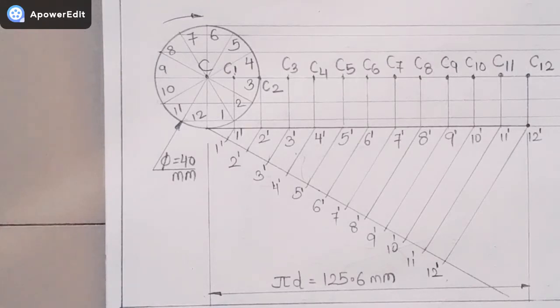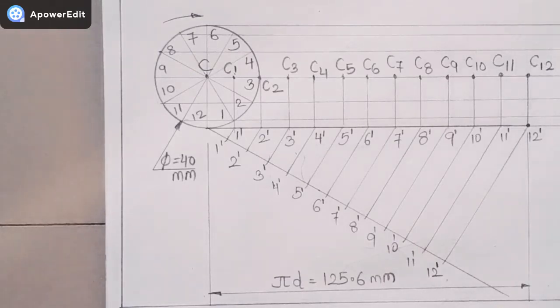Now we have come to the completion stage of this cycloidal problem. Here we have to draw the locus of a point on the circle which is in contact with the line. So let us assume that a point P is the point of the curve that is being traced.